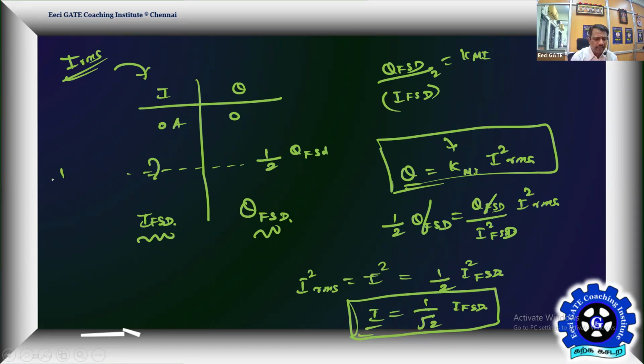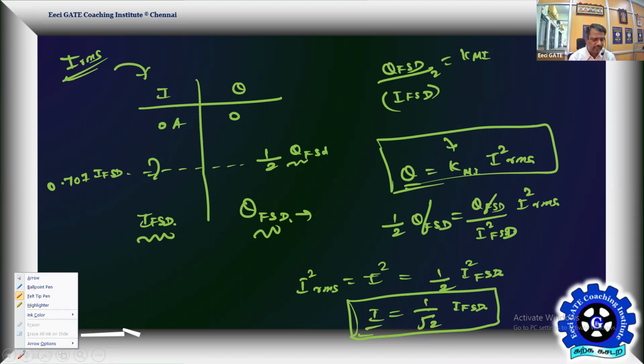That means 1 by root 2 times. What is 1 by root 2? 0.707. So 0.707 times I FSD is going to create half scale deflection. Suppose the full scale deflection theta is, for example, 100-degree calibration.